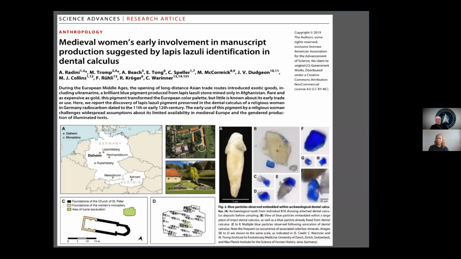This very brilliant blue pigment showed up, and so we did a bunch of analysis of it in order to prove what it was, that it was actually lapis, and probably lapis coming from Afghanistan. Some of the earliest occurrence of the trade of these semi-precious stones from the East into Central Europe and Germany.